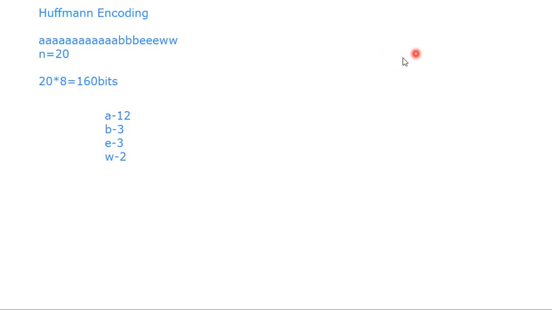Let me make it more sensible. The frequency of A is 12, W is 2, B is 3, E is 3. Without encoding, it is 160 bits. Now, applying Huffman encoding, we have to sort these in order: A12, B3, E3, and W2.